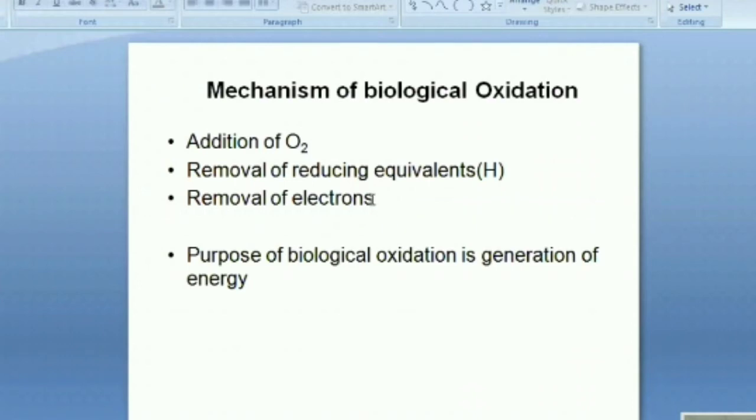Is it clear? So reduction, that means acceptance of electron, is termed as reduction. The main purpose of biological oxidation is production of energy. Okay.